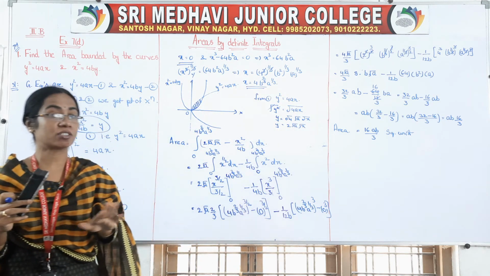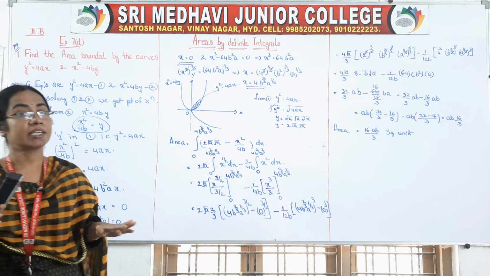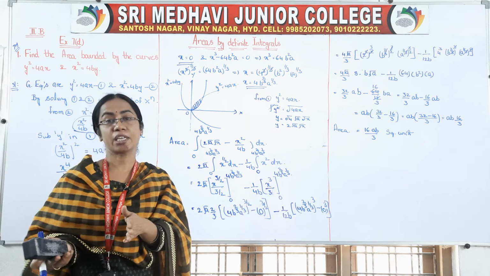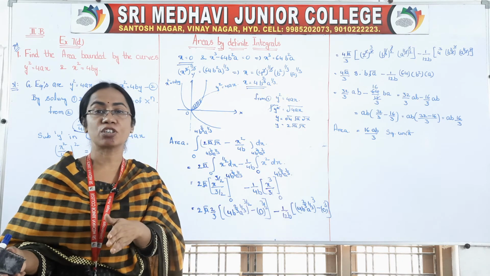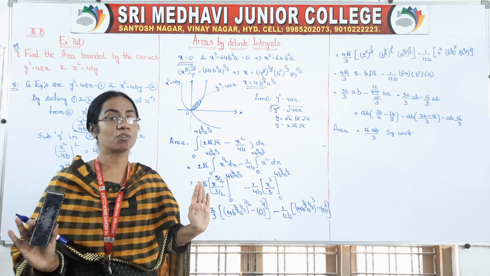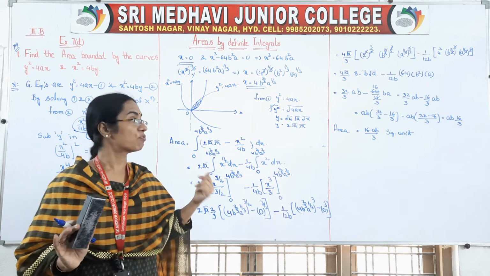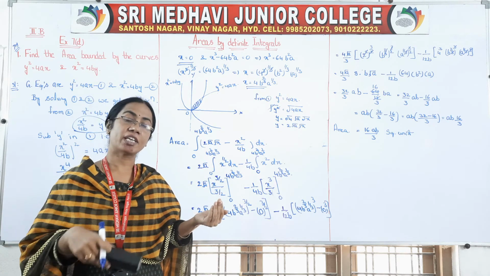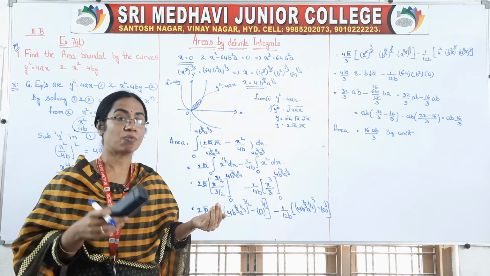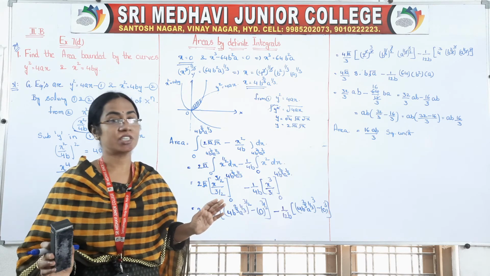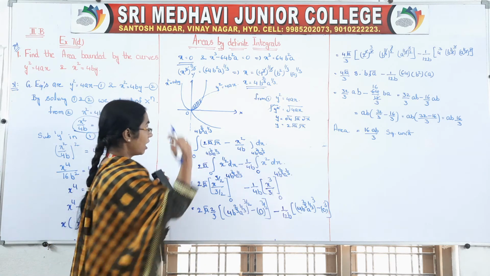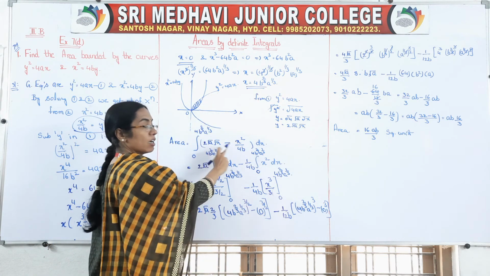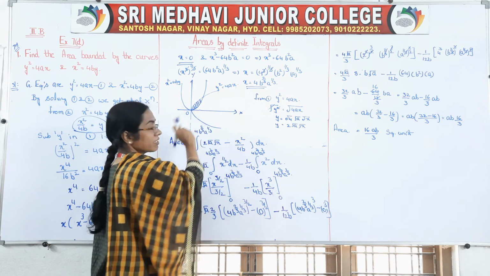Remember this throughout these areas: x is equal to some equation in terms of y, or y is equal to some equation in terms of x will be the curve equations. So if y square is given, you take the square root and get your y, and that will be the curve equation. So this is the curve which lies upwards in the area minus the curve which lies downwards.